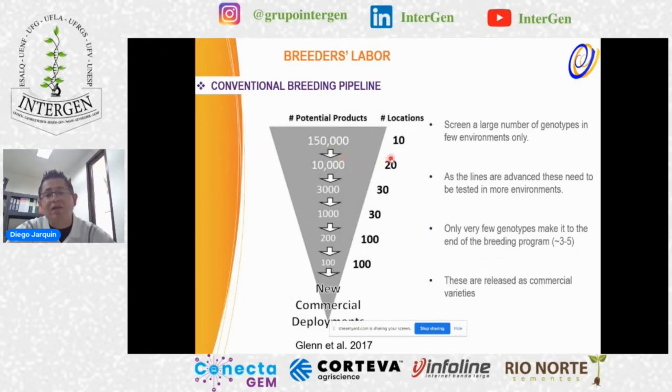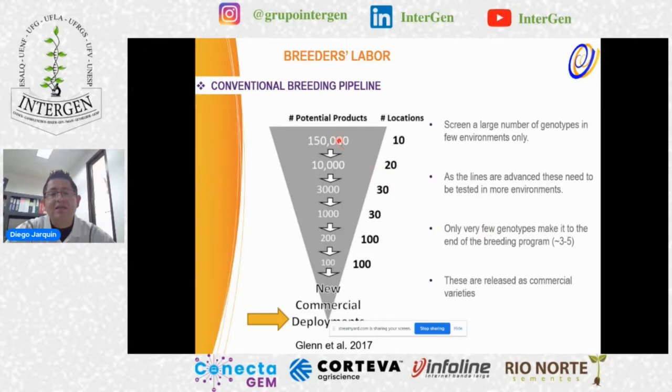On the other side, we increase the number of locations where we are testing these genotypes. In a way, at the very end, when we are developing a commercial line, very few genotypes are tested in a large number of environmental conditions or environments. In a way that, if we are lucky, we will be able to select between 3 to 5 lines that will be commercialized as elite varieties.